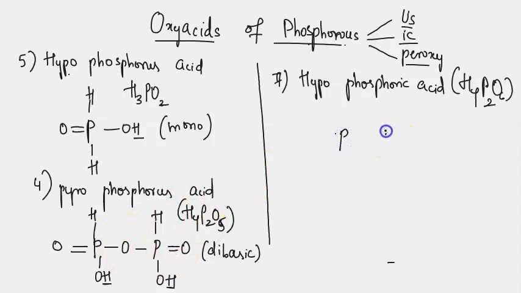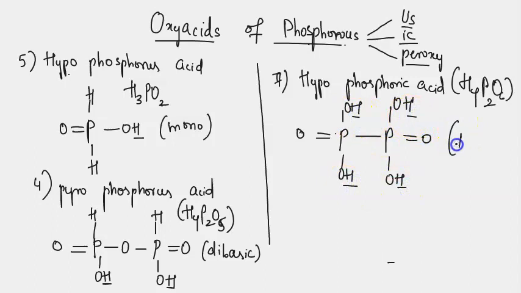So write the PP bond at the center connected to double bond O on either side. Then we get OH, OH, OH, OH on all four sides. This is the structure of hypophosphoric acid, and this is a tetrabasic acid where there are four replaceable hydrogens.